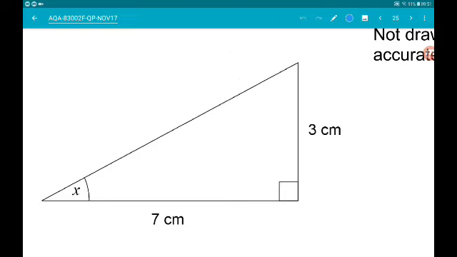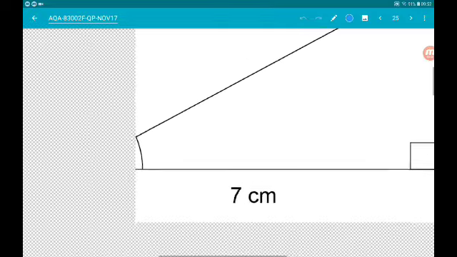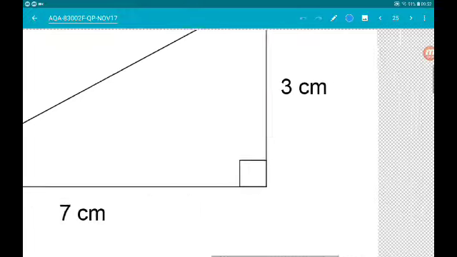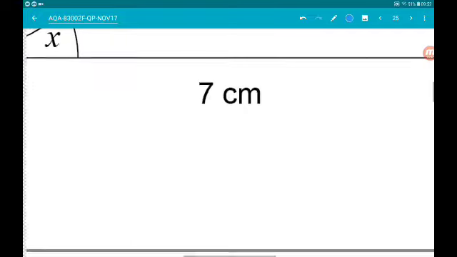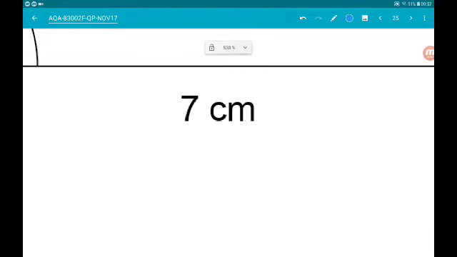So I'll put my playlist down below, it will come up. You do need to know how to do it. So, with regards to the angle, this side over here is the opposite, and this side down here is the adjacent.